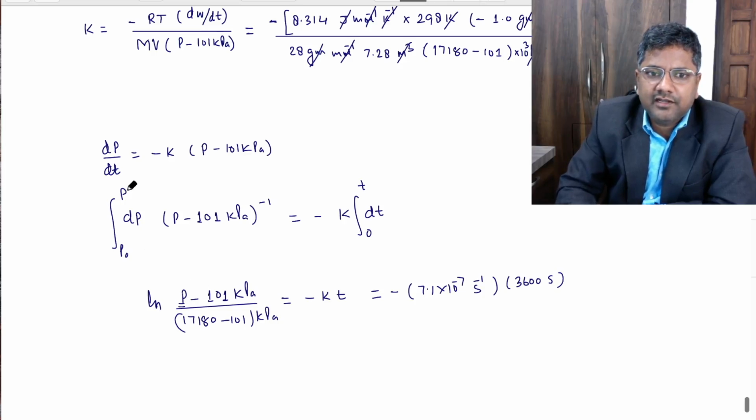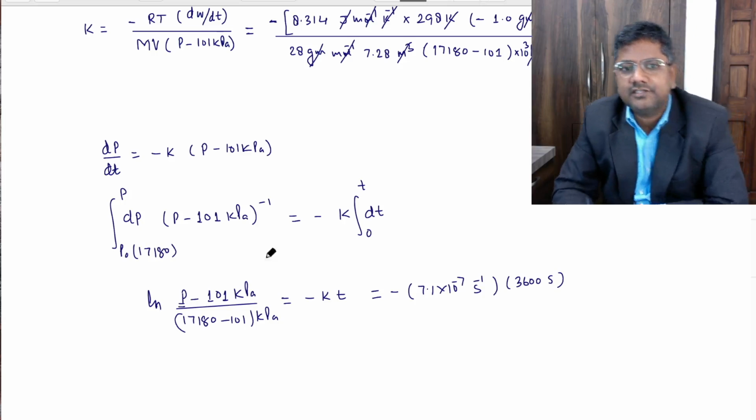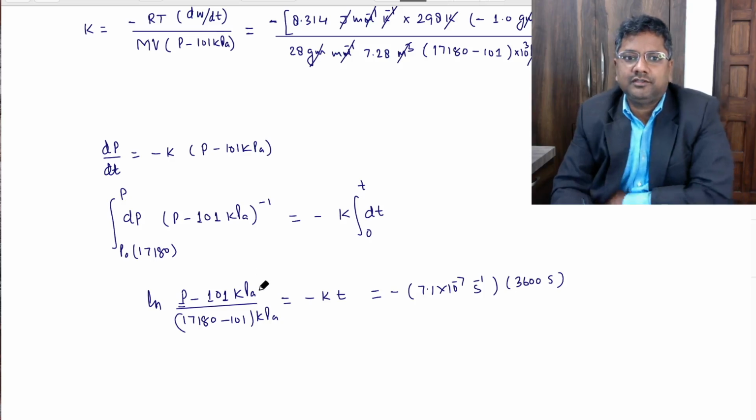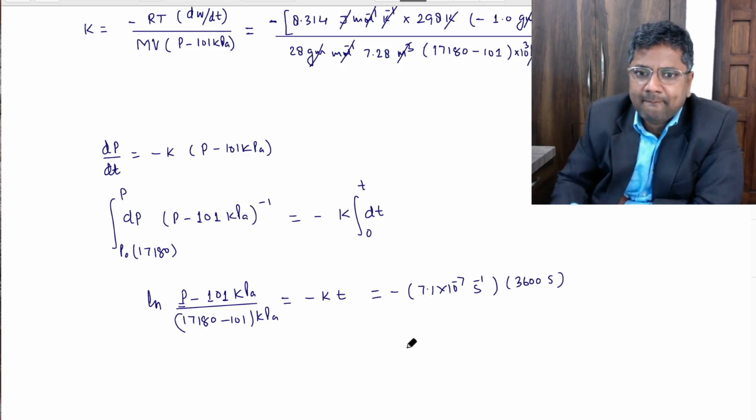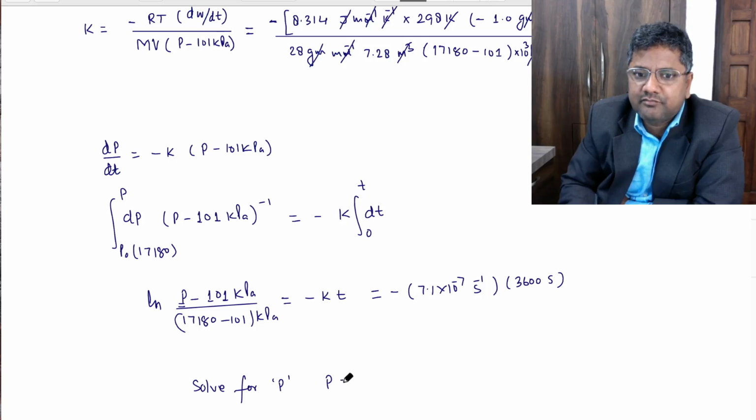P is the final pressure, and P naught is 17180. So solve for P, and you will get P equal to 17140 kilopascal, and this is the answer.